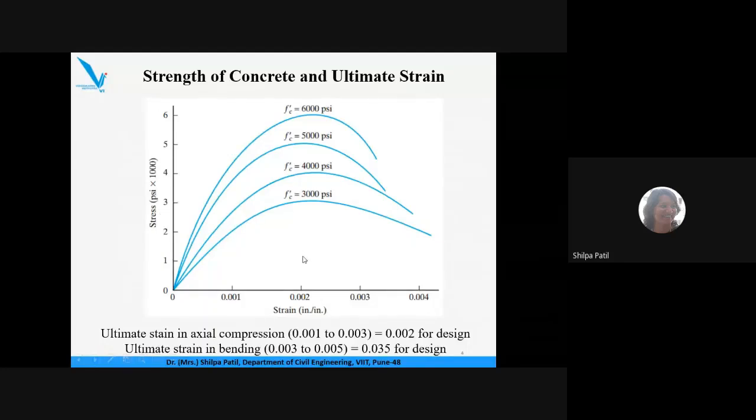If you consider the least grade of concrete, with a characteristic strength of 3000 psi, the curve is completely non-linear. If you go on increasing the grade, the curve remains non-linear, but it becomes sharper.